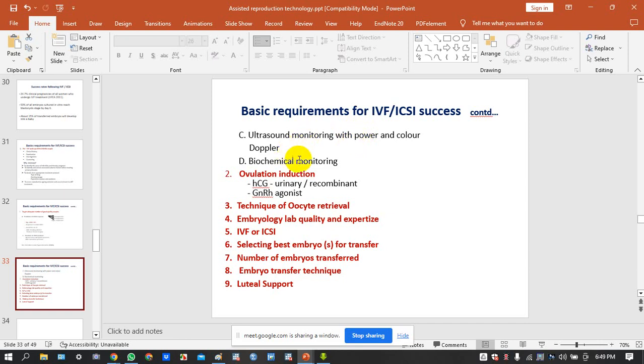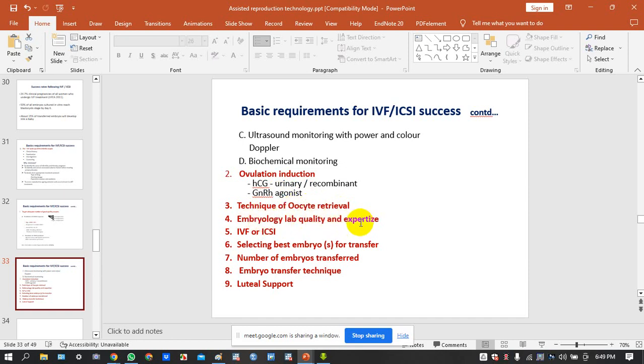Is it developing to a fetus? Biochemical monitoring: you look at the hormone levels of the woman after implanting the blastocyst. Ovulation induction: look at the levels of human chorionic gonadotropin in the urine. Then the technique of oocyte retrieval, egg retrieval, that's stimulation and retrieval.